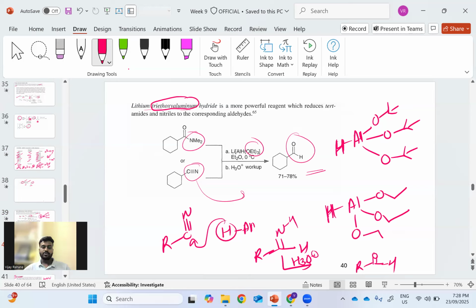So we get the aldehyde as a product from the cyanide also. So this is the beauty of modifying the reagent. If you use lithium aluminum hydride directly, we directly get the CH2NH2, that's the product we will get from the LAH. But with this reagent, we can get the aldehyde as a product.